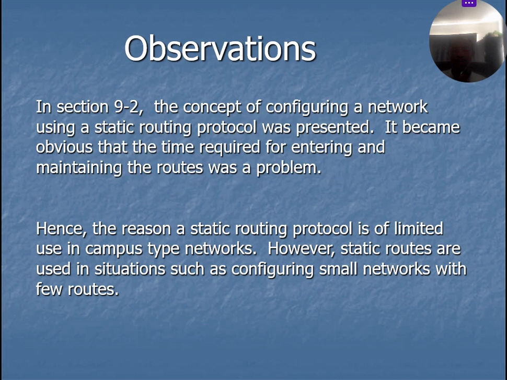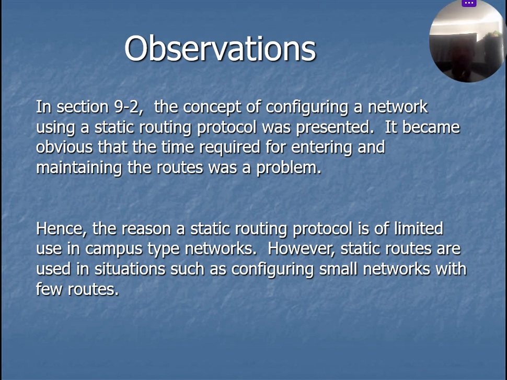So it became very obvious that the time required for entering and maintaining the static route was a problem in section 2. So we need to find a better way to route our entry tables, our information, and broadcast them through the router.